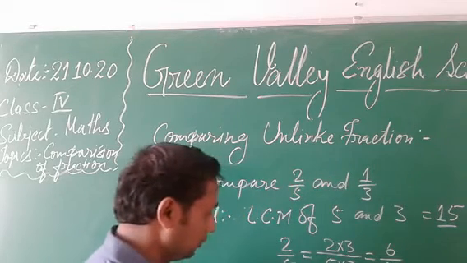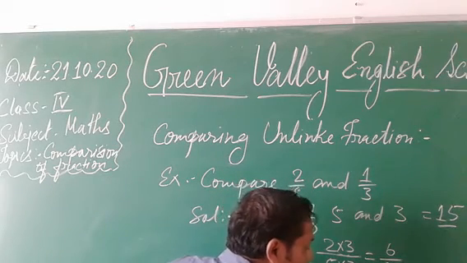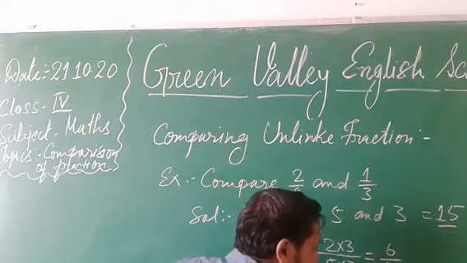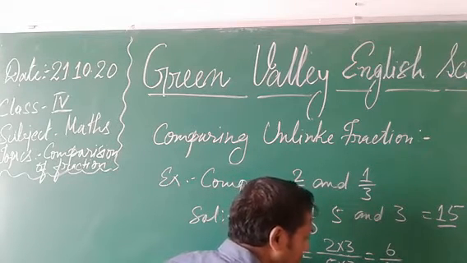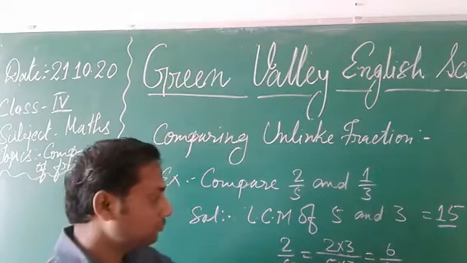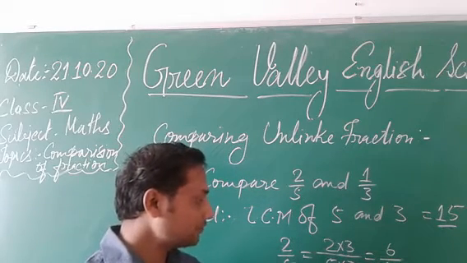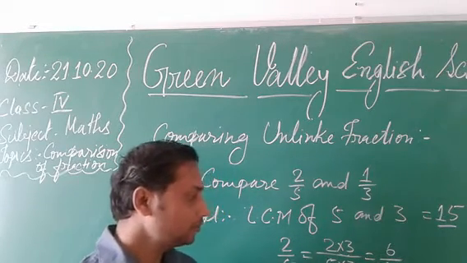Now you will see that the denominator becomes the same, 15, and the numerator will be 5. So you can see that both fractions have the same denominator.